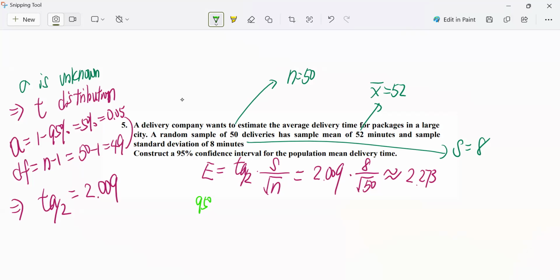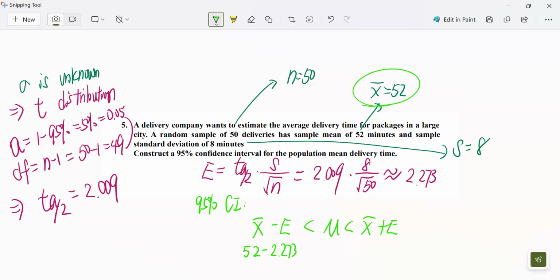Now we create the 95% confidence interval. You do sample mean minus margin error, and then sample mean plus margin error. Sample mean is 52, so you do 52 minus 2.273 and 52 plus 2.273. The lower limit is going to be 49.727.